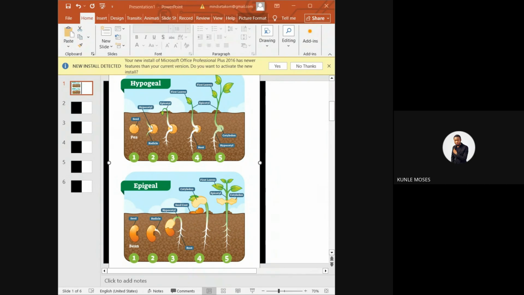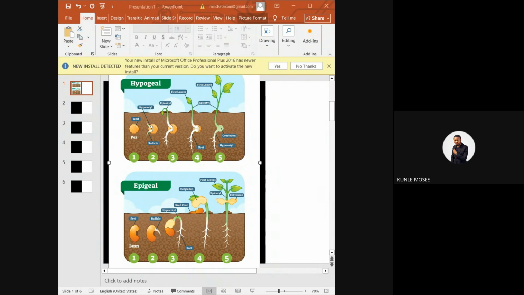The cotyledons will appear above the ground level. They will not stay on the ground. So the major difference between epigeal and hypogeal germination is that for hypogeal germination, the cotyledon will remain downward. But for epigeal germination, both the epicotyl, the cotyledon, everything, the first leaves, will be upward. I hope that is taken.